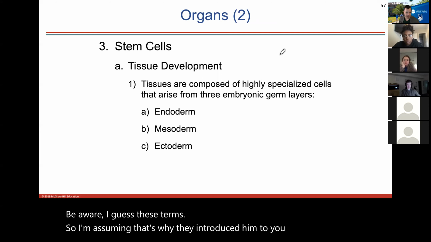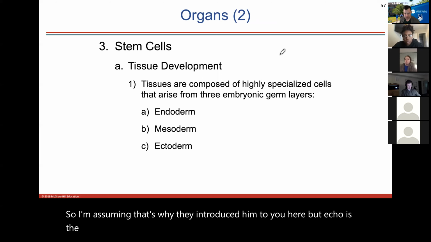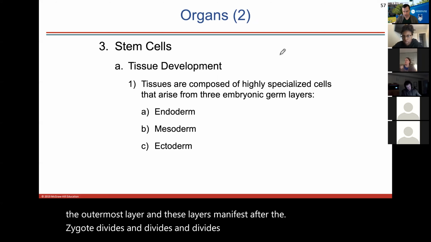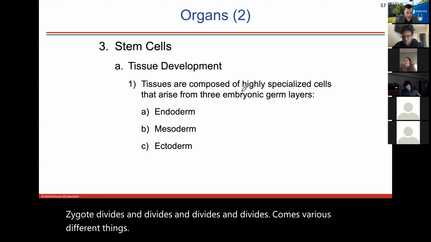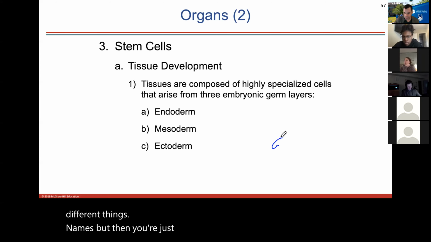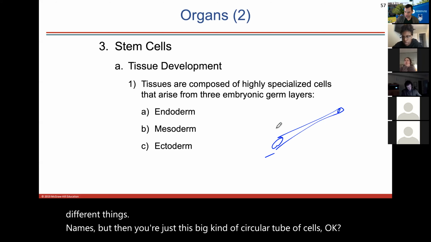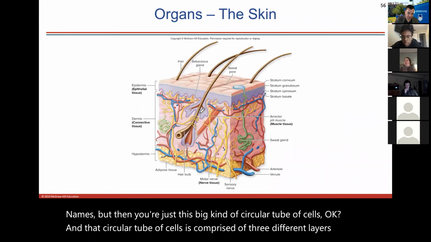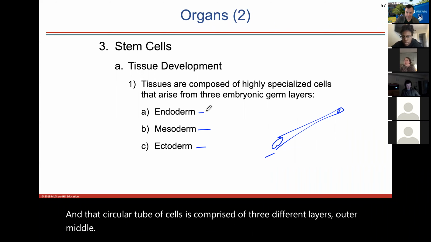Ecto is the outermost layer, and these layers manifest after the zygote divides and divides and divides and divides. It goes through various different stages with different names, but then you're just this big kind of circular tube of cells. And that circular tube of cells is comprised of three different layers: outer, middle, and inner.